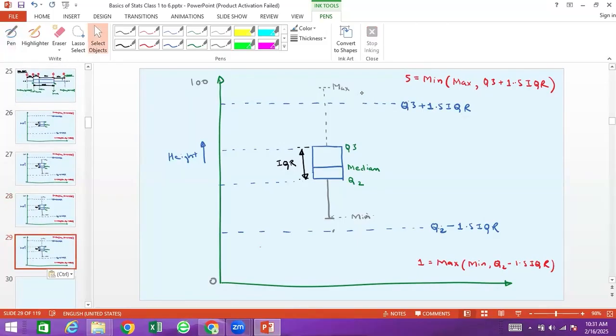Yes, Q3 plus 1.5 IQR is the lesser value. Because it is a lesser value, the whisker will end here. But there are points between this and this, that's why there is a maximum value here. Those points will be shown as dots.